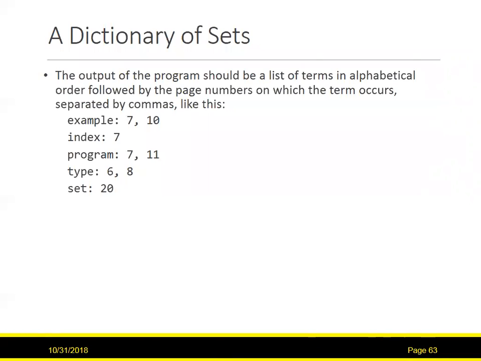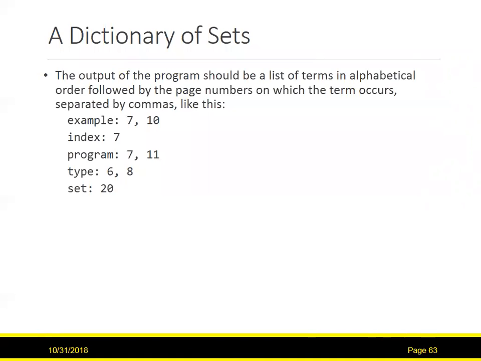So you could easily do this with a dictionary. The key would be the word, and the pages that it occurred on would be a set. Could be a list. You'd have to manage the duplication yourself. When it comes to programming, there are 100 different ways that you could tackle any problem.